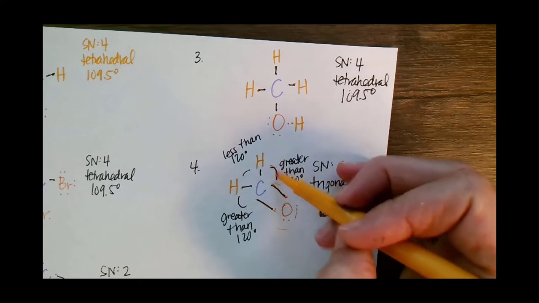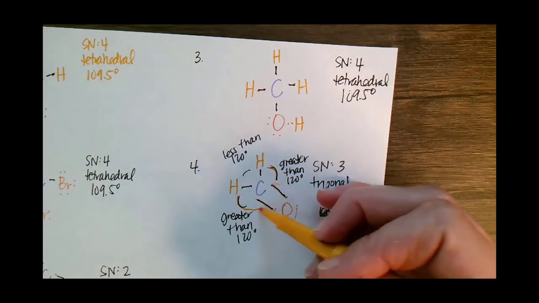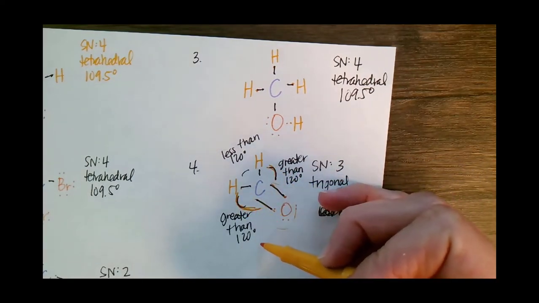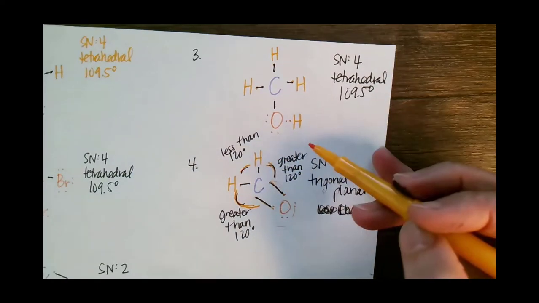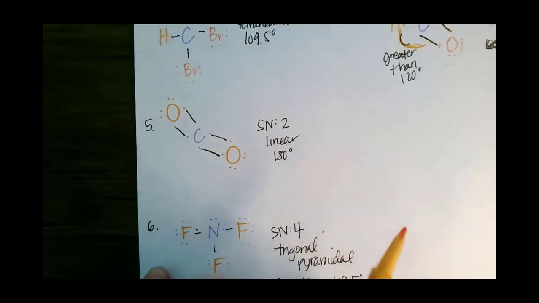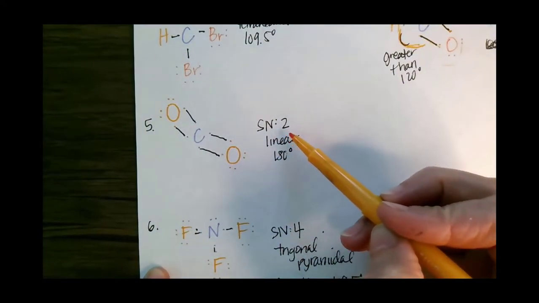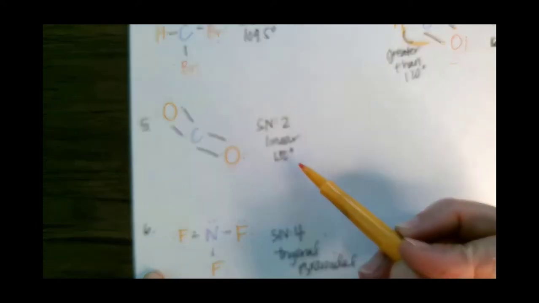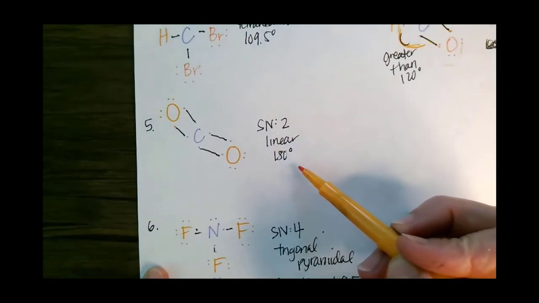So this angle here and here will be greater than 120. And then down here is going to be less than 120. All right, the last one, number 5, CO2, again, steric number of 2 because we have 2 things around that carbon. It's linear and 180 degrees.